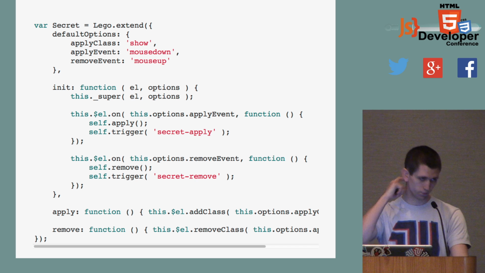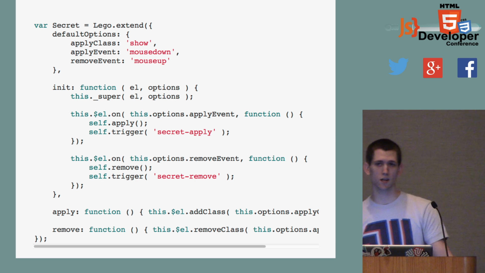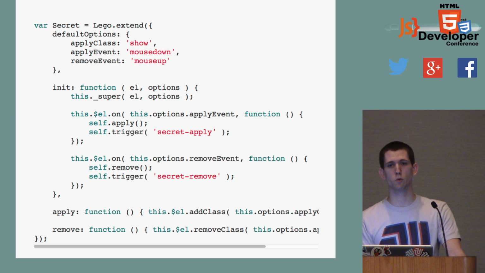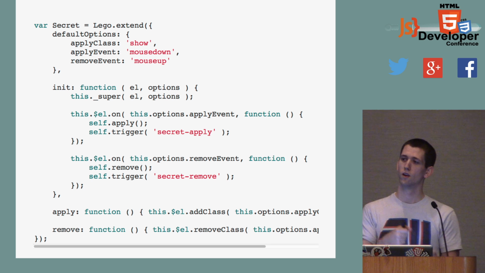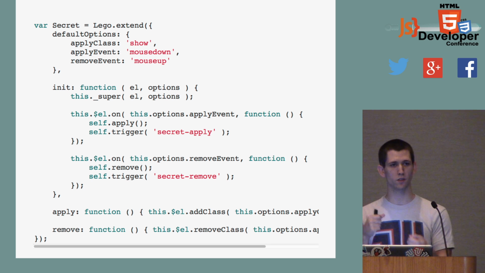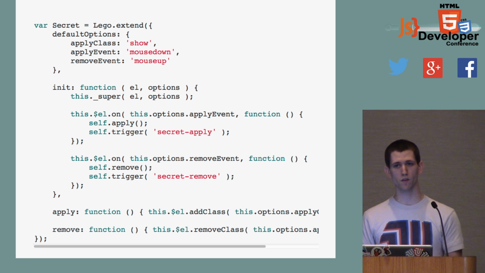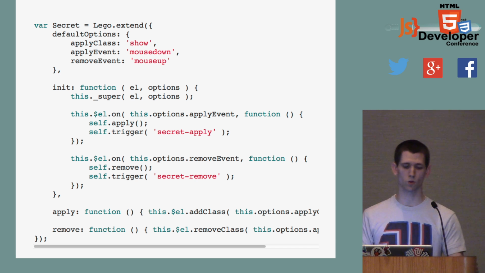Then the next thing I do is bind to an event on the element. The event is actually stored in that options object. Before, we were saying that the behavior of this component was mouse down, add a class, mouse up, remove a class. I'd like to argue that we shouldn't be stuck with that mouse event. If later on down the road I really want to choose a different event to bind to, I should be able to pass that in as an option rather than changing the source of my component.